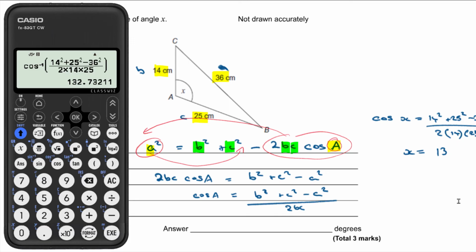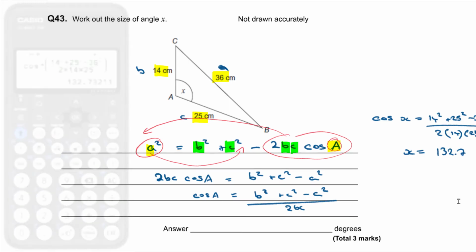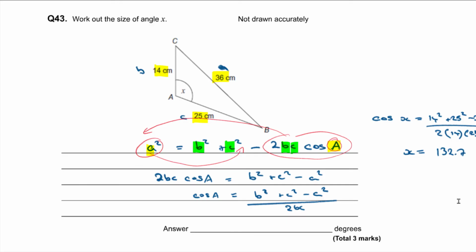Does that look right? Well, I've got an obtuse angle, and 132.7 is definitely obtuse. So, yeah, I'm feeling good about that. 132.7 looks good. So let's write that one in. 132.7. But always imagine your number on your diagram before you move on and say, well, does that sit right on my diagram?